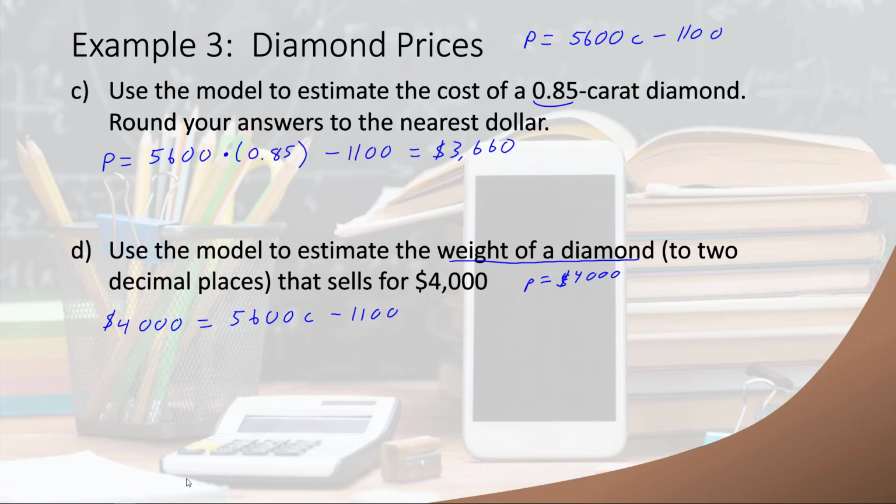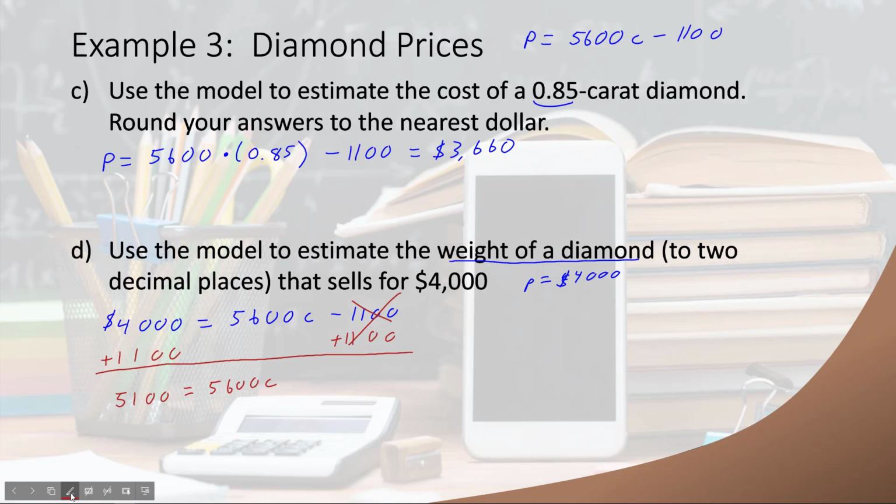First thing that we can do is move this term that doesn't have a C in it to the other side. So we are going to add 1,100 to both sides. And of course, I'm going to do this vertically. These cancel. We will have 5,100 is equal to 5,600 times C. Now we're going to divide both sides by 5,600.